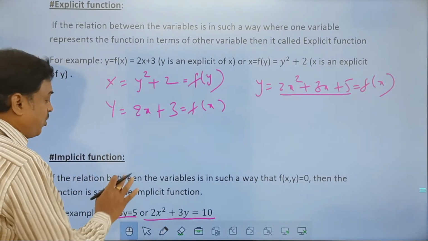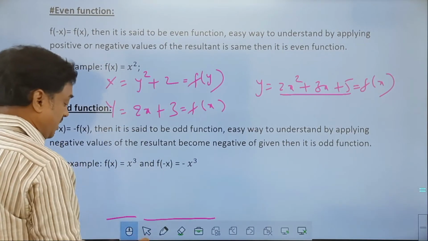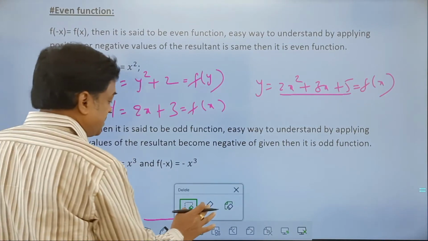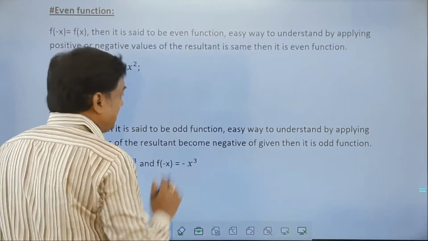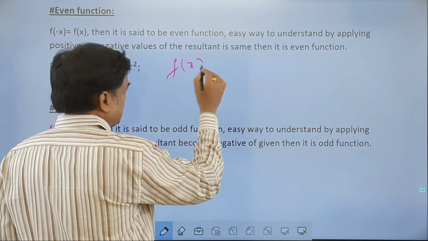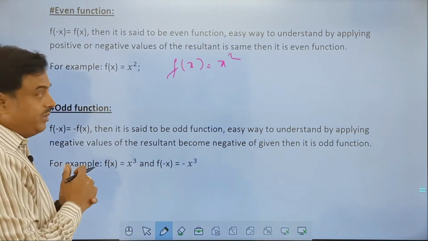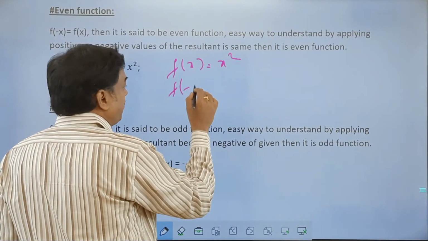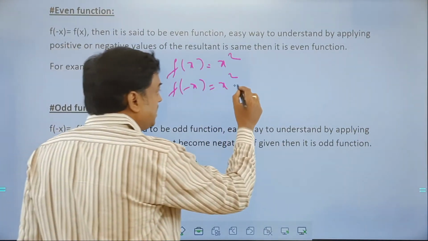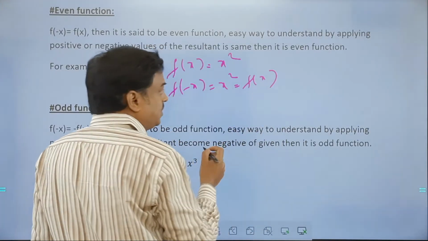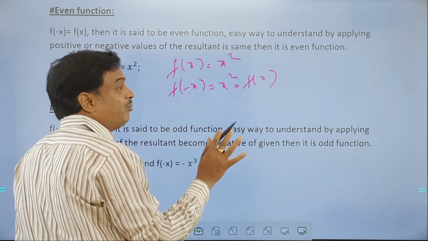Next, there is another small definition called even function and odd function. What is an even function here, if you see? Let me start with the even function first. If you apply f of x, see the example which I gave you here, f of x is equal to x square, for example. After you apply minus x, if it remains x square, or it is equal to f of x, though I am applying a negative value here, the value remains the same positive.